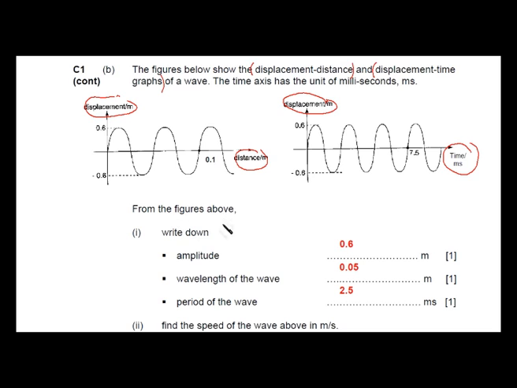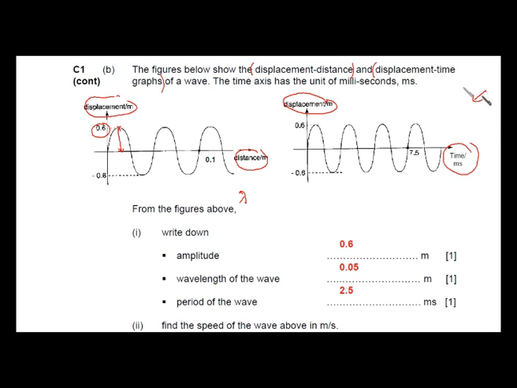From the figure above, write down the amplitude. Amplitude is rather easy. Maximum displacement to its original position, so it is 0.6. And what's the wavelength? For wavelength, which graph do you use? This one or this one?